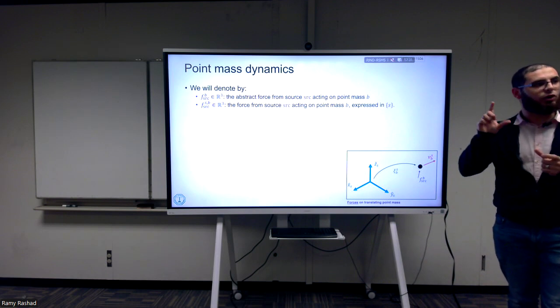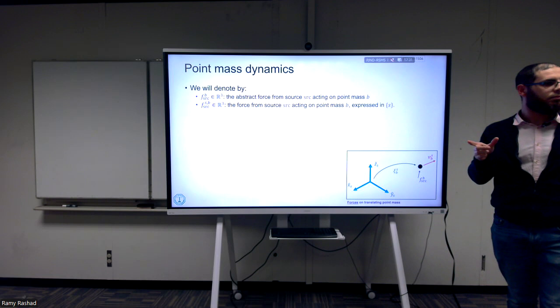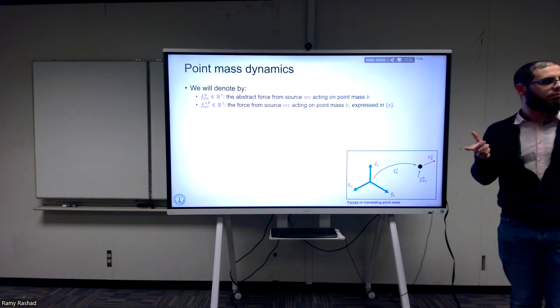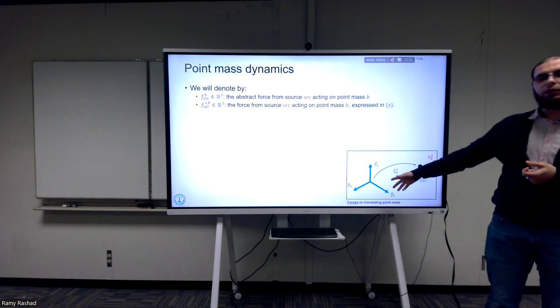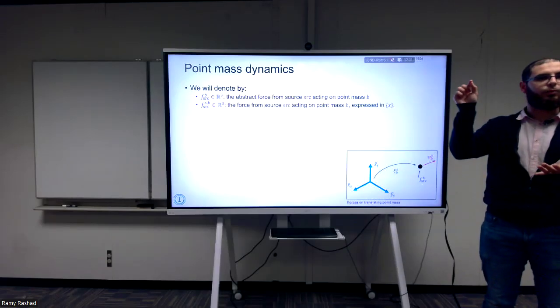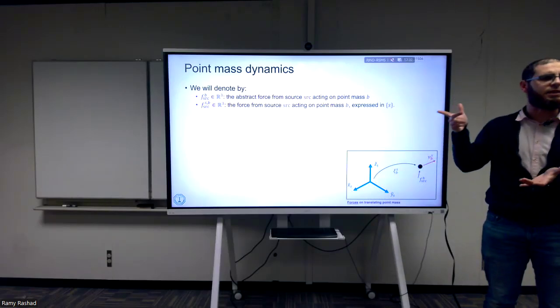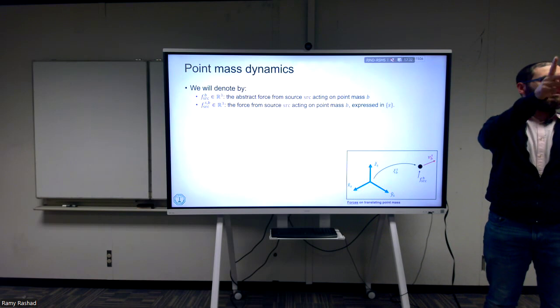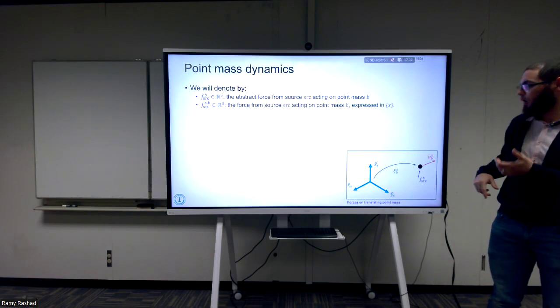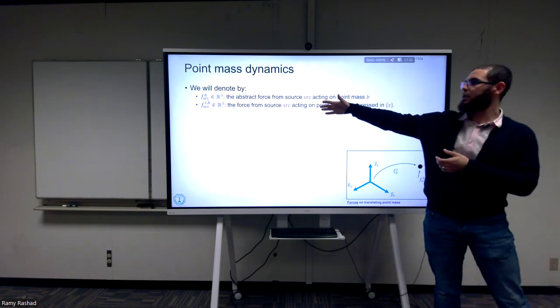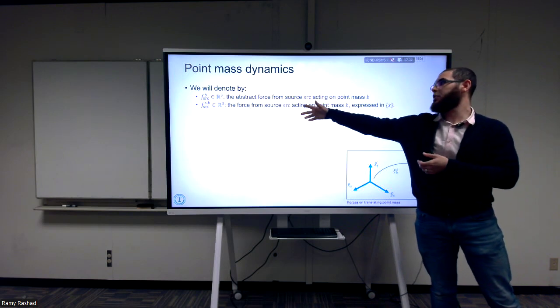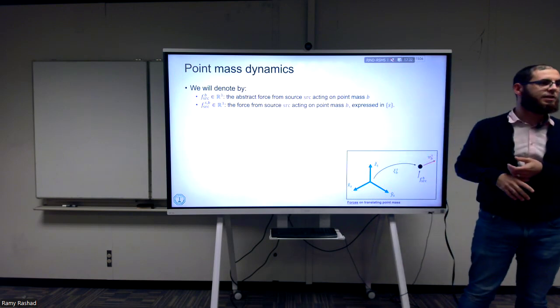You can only talk about numbers once you choose the coordinates. We have only one coordinate frame when we talk about a point mass. We don't attach any frames to a point that's moving, because we don't talk about orientation at this point. So we just represent this force by 3 numbers when expressed in the S frame.